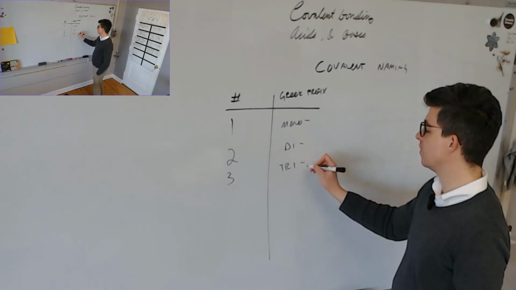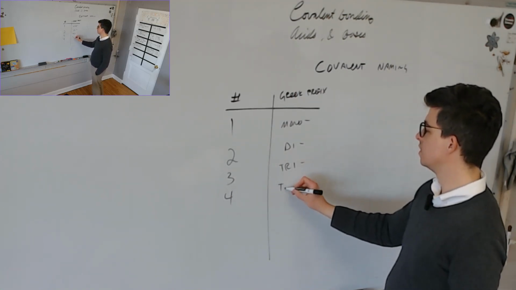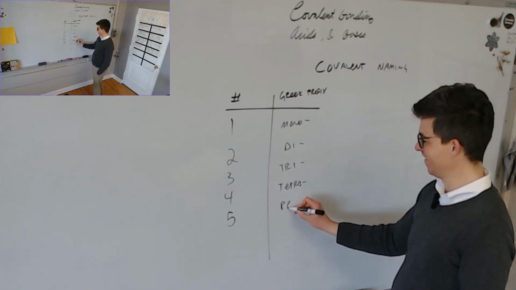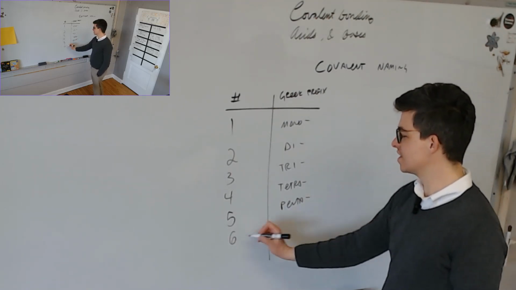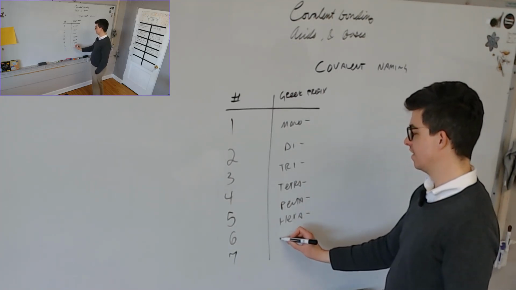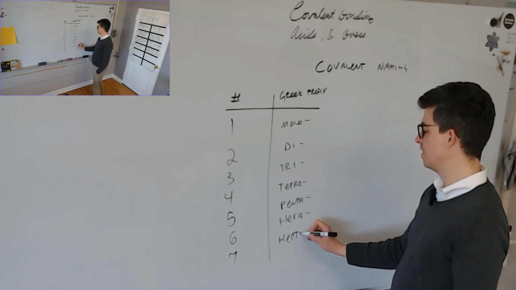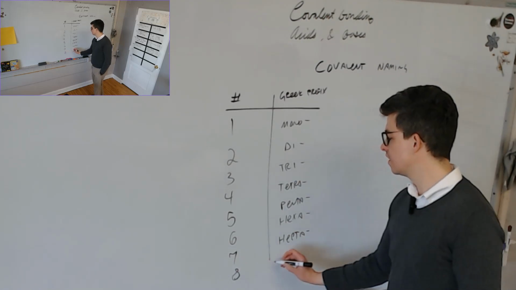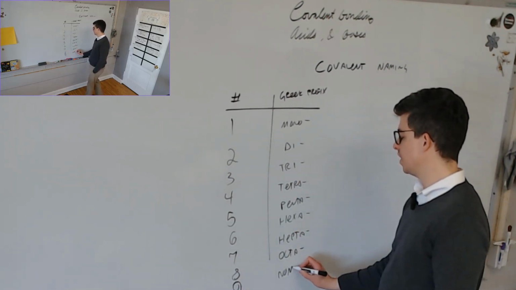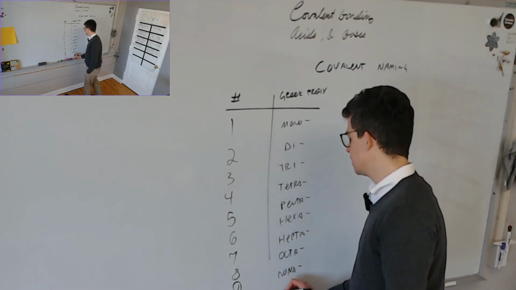You need to write these down. 4. Tetra. 5. Penta. 6. They're easy from here on out. Hexa. 7. Hepta. 8. Octa. 9. Nona. And 10. Deca.